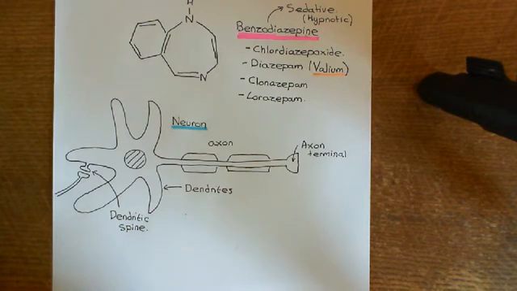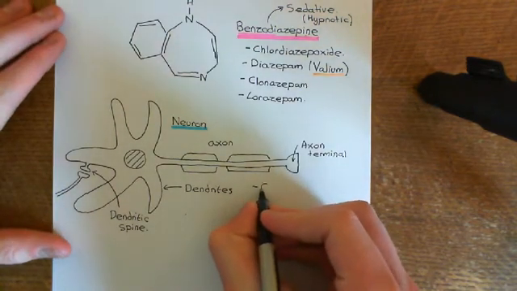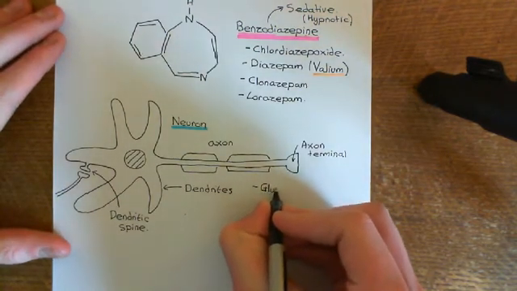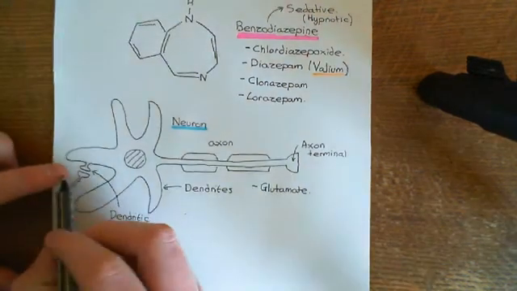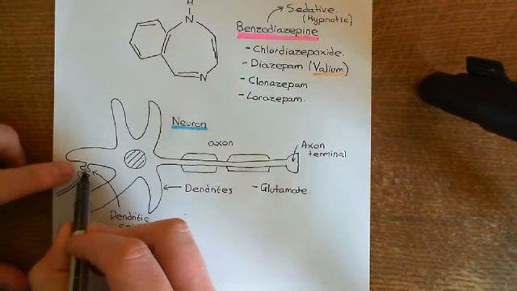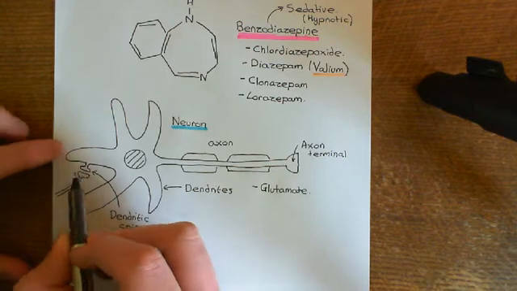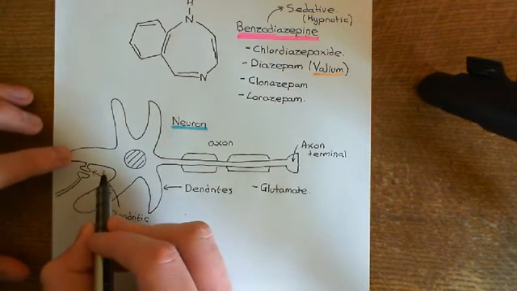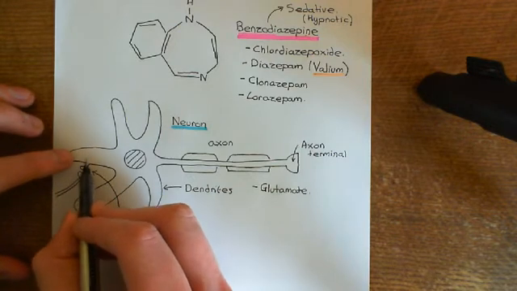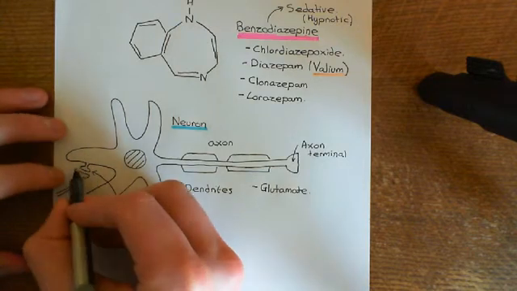Okay, right, so the key thing to understand is that there are two major neurotransmitters in the brain. One is an excitatory neurotransmitter, and that is glutamate. If an axon terminal releases glutamate onto a dendritic spine, it will act on receptors for glutamate, which will be ligand-gated ion channels, and when they open, they will allow positively charged ions from the extracellular fluid into the inside of the neuron.